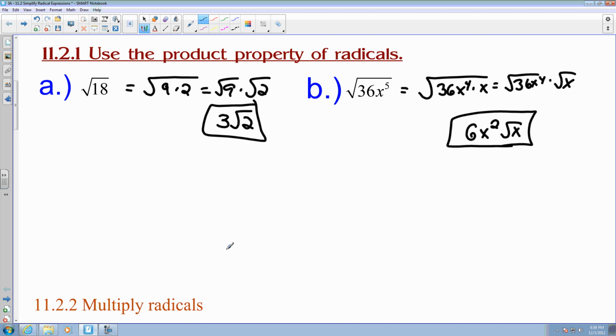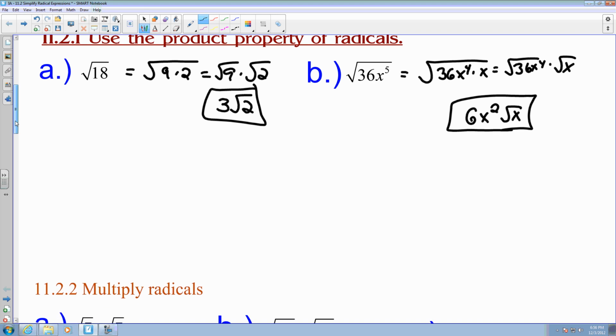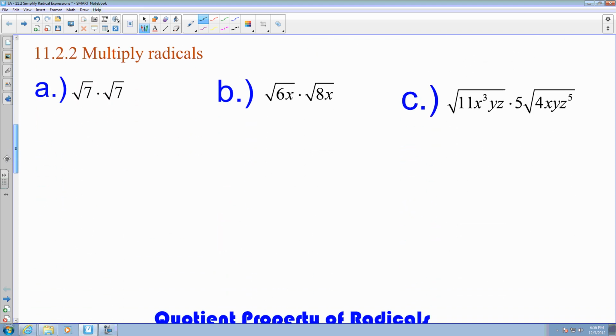Not too bad. Let's try some other problems. These examples want us to multiply the radicals. Let's look at A. We have the square root of 7 times the square root of 7. This can be written as the square root of 49, and we know that the square root of 49 equals 7.